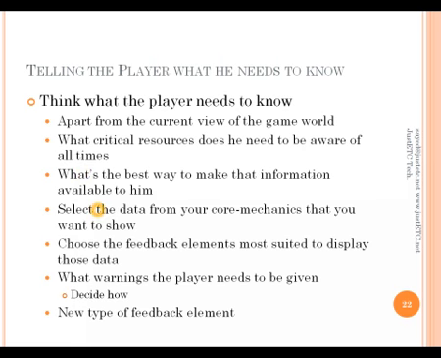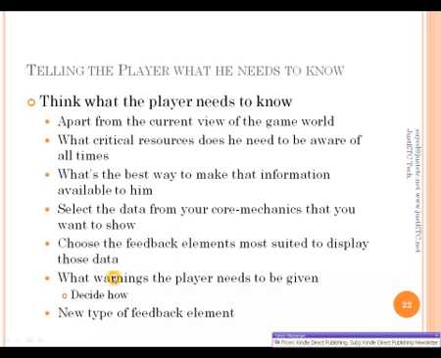And also what data from the core mechanics you want to show to the player. You have to decide, and maybe think about the corresponding controls or user interface elements. You have to choose the feedback elements most suited to display those data. I think we mean the previous data.